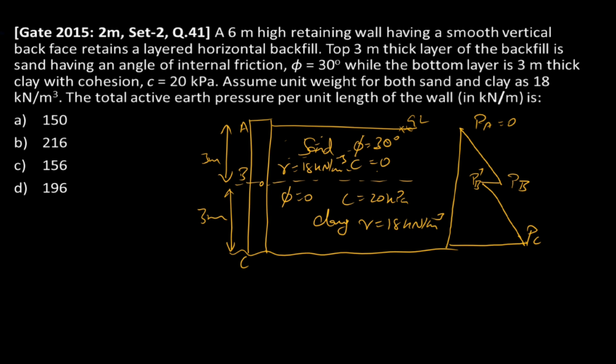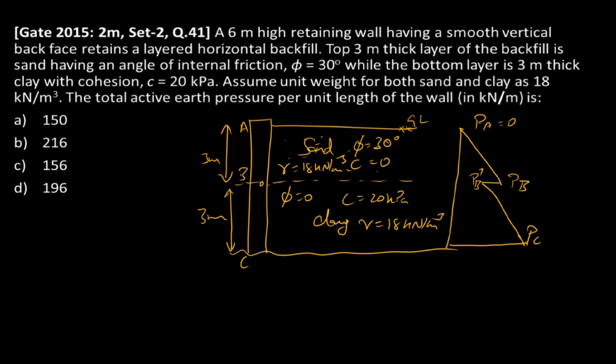Because the pressure distribution at the bottom layer of sand may or may not be equal to the pressure distribution at the top layer of clay. It is always not equal. When the pressure is distributing from sand, clay will have some resistance. So we will calculate the pressure distribution at the top layer of the clay.